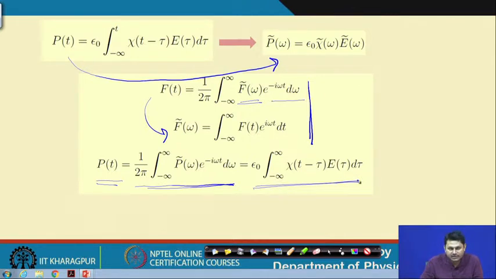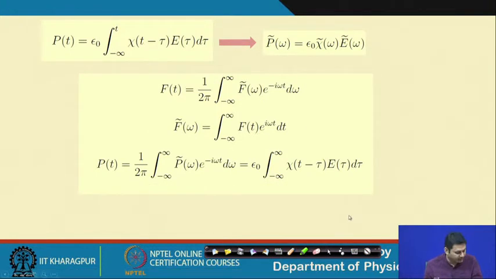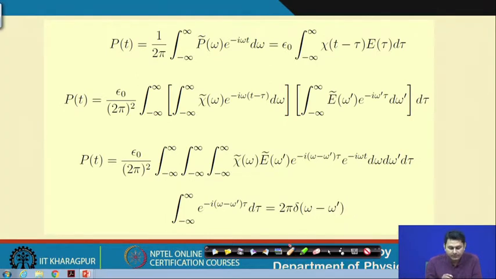This is the relation, that means I am using this relation here. So, in the left hand side I have something with Fourier component, in the right hand side I am writing something in time domain. So, next I will go further. P(t) is this, which is equivalent to this quantity, this is our last equation.